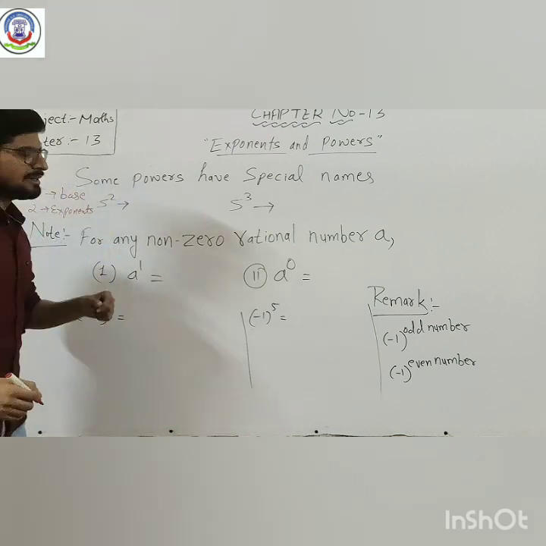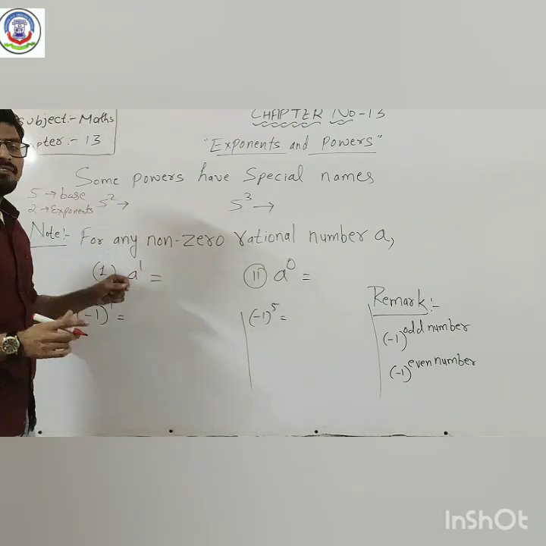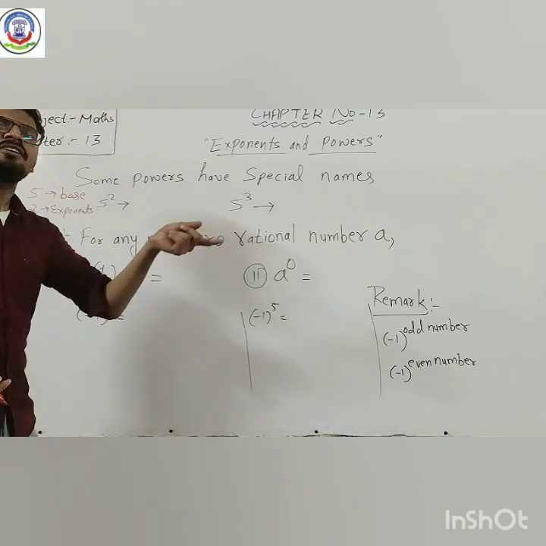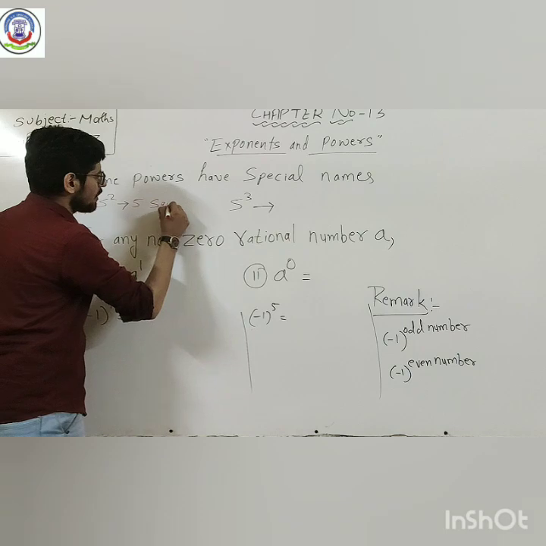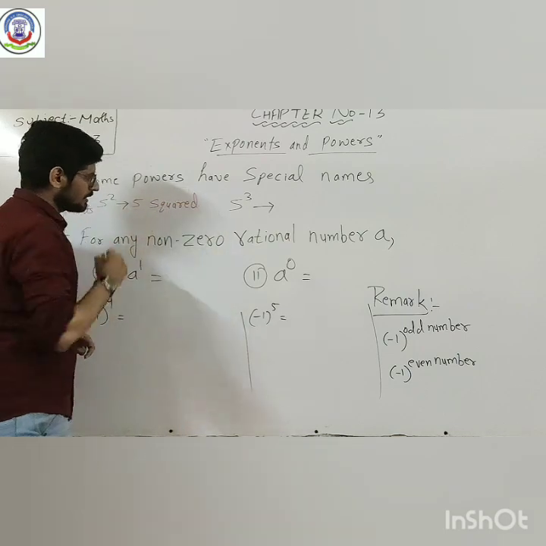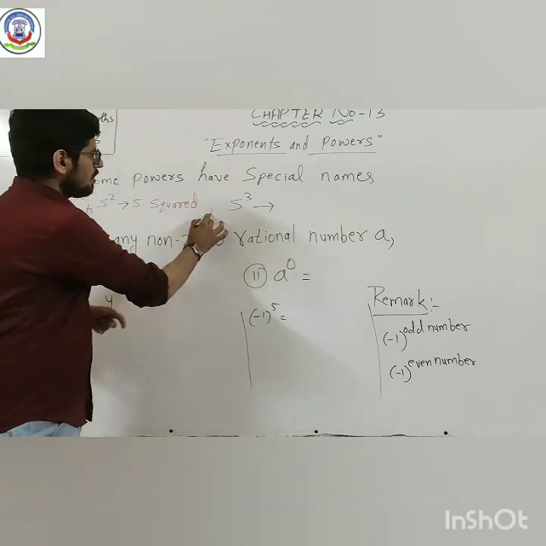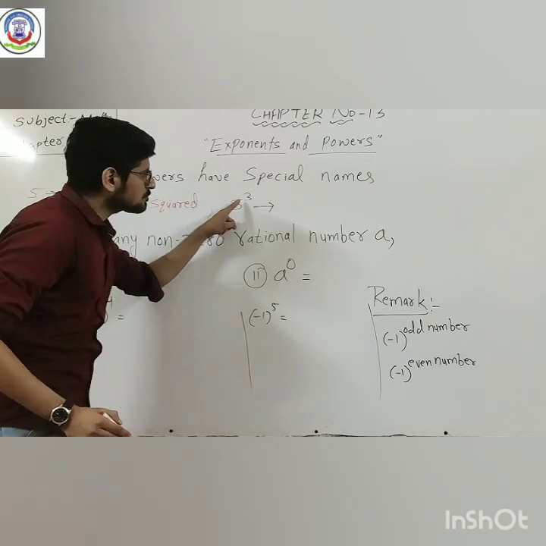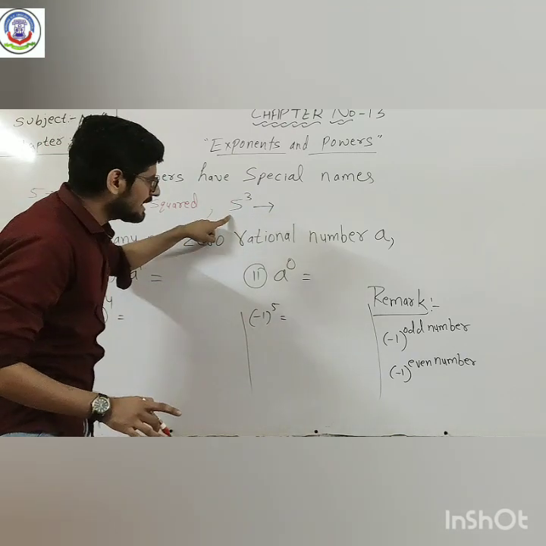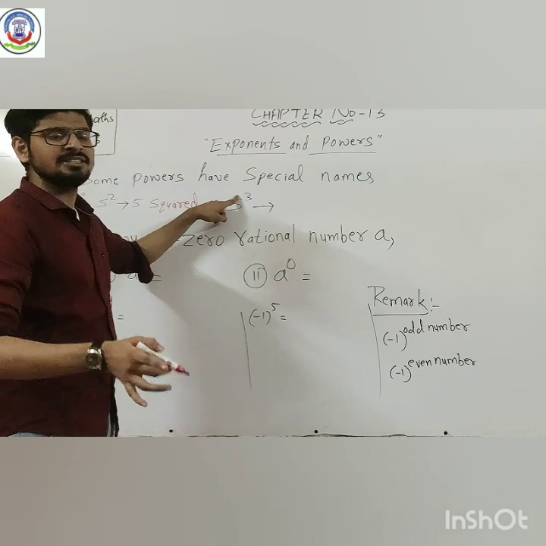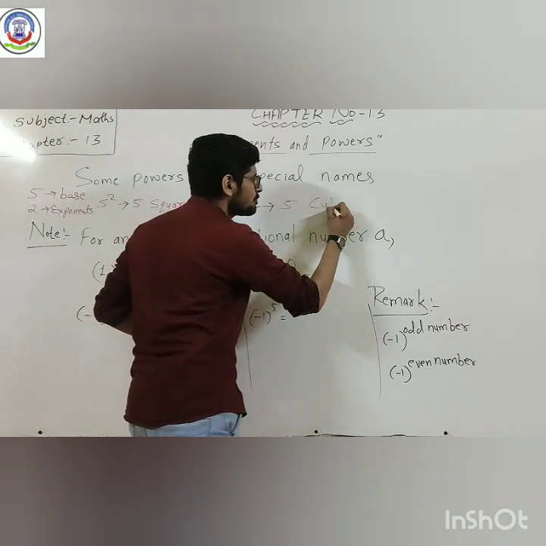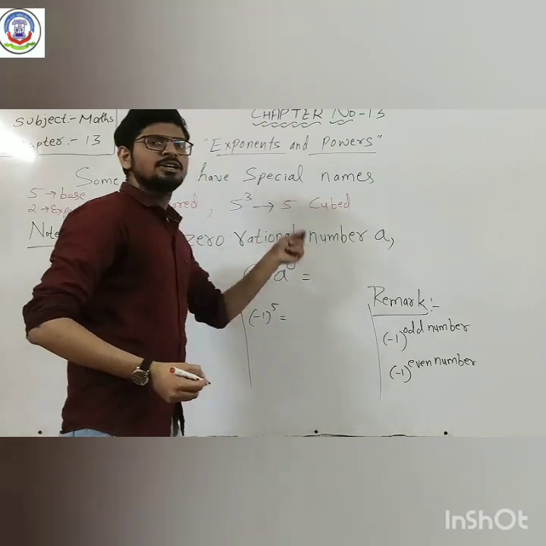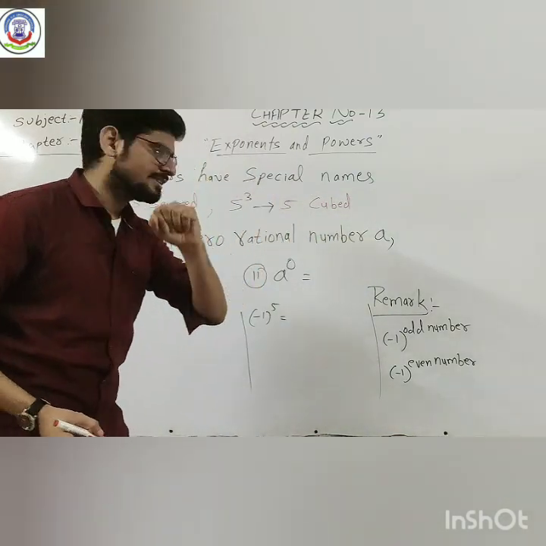And a special name: 5 raised to the power 2 is also called 5 squared. And what is this? 5 raised to the power 3. 5 is base and 3 is exponent. So it is called 5 cubed. Cube means power 3.